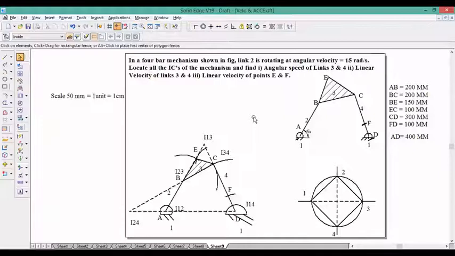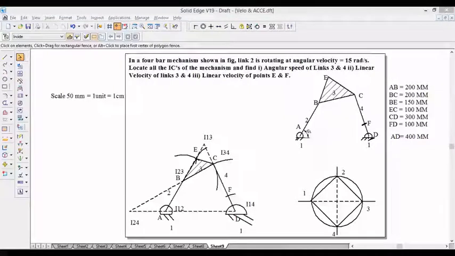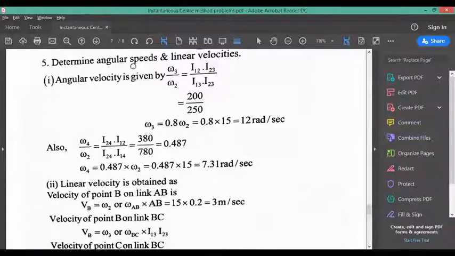Now, according to the question, we need to find the velocity of links 3 and 4. For that, I will take you to another file, the determination of angular speeds and linear velocities. To determine the angular speeds and linear velocity, let us consider the ratio of angular velocities, that is omega 3 by omega 2.